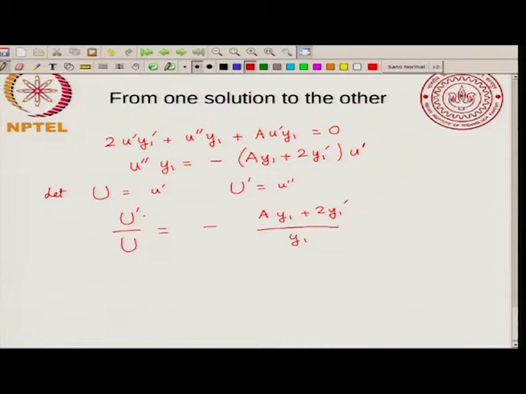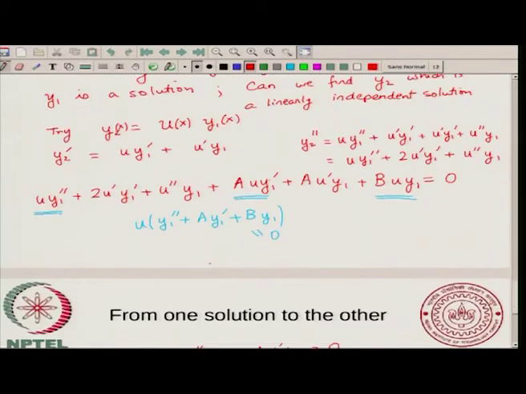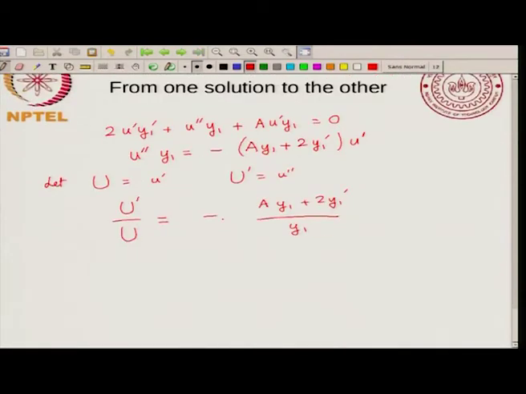Remember, y1 is a function of x that you know. So y1 is a solution that we know, and from y1 we wanted to find y2. What we did was we used a trial form of y2 is u times y1, and when you substitute in this, you get this relation. Now, you can immediately write this as, if you integrate both sides, you will get the following.